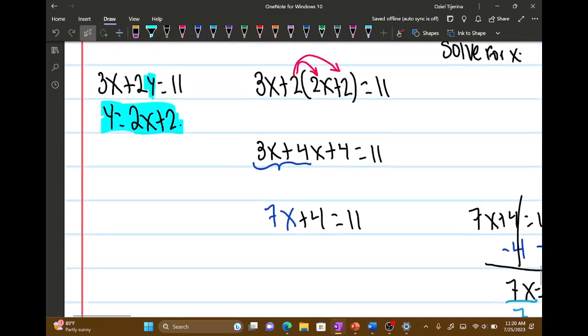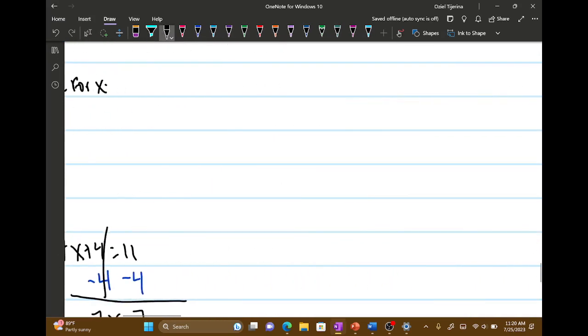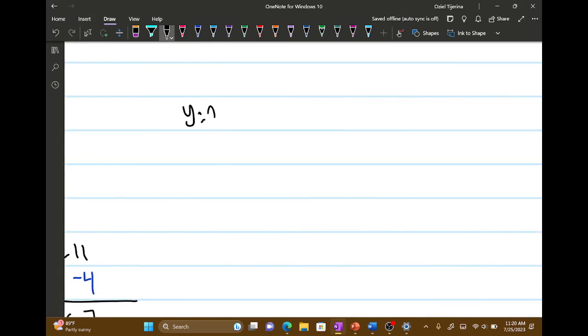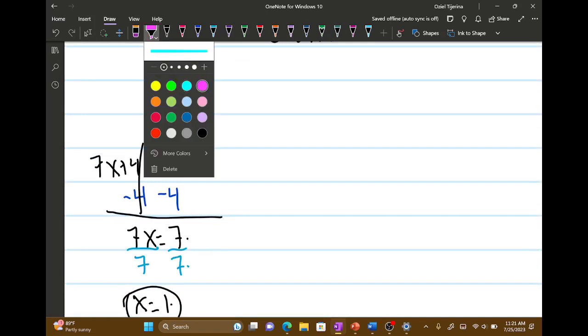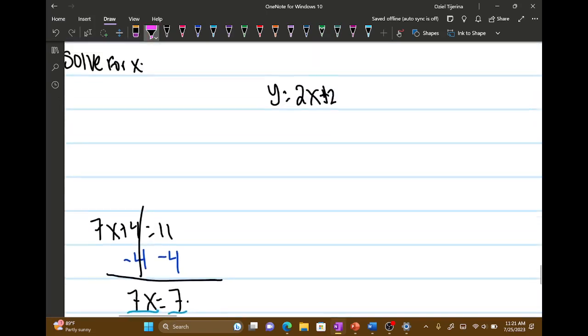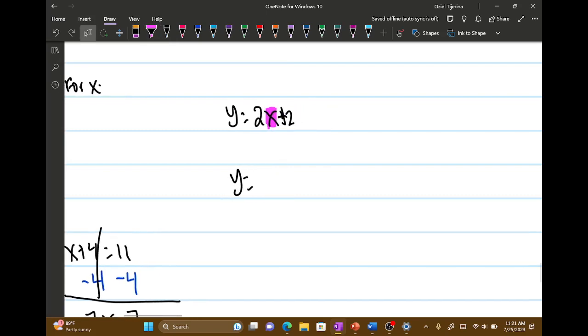Now we grab the equation y equals 2x plus 2 and plug in 1 for x to solve for y.